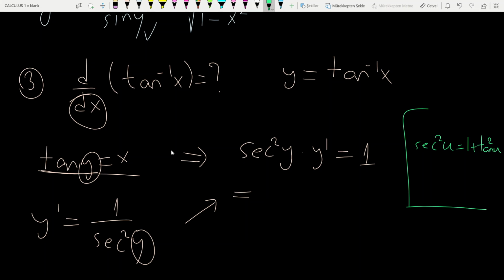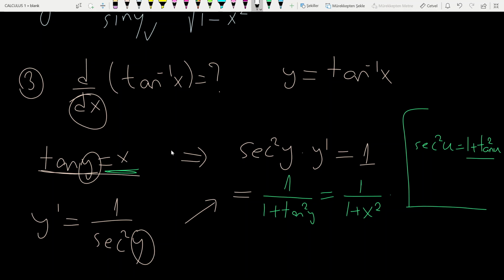You may use this information. So in this equality, instead of secant square y, you can write 1 plus tangent square y, and instead of tangent y you have x, so the final answer is 1 over 1 plus x square. Okay, it is the first way.